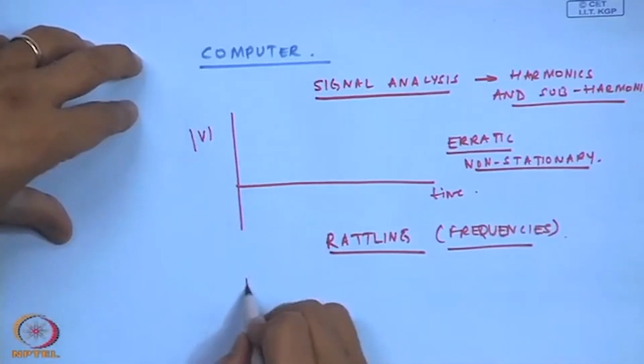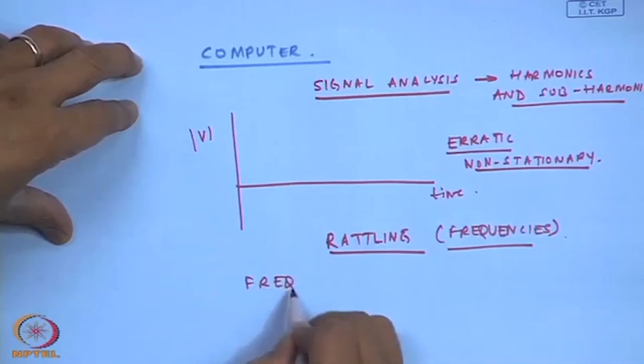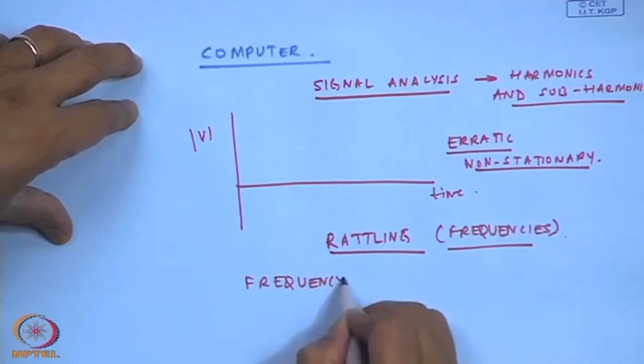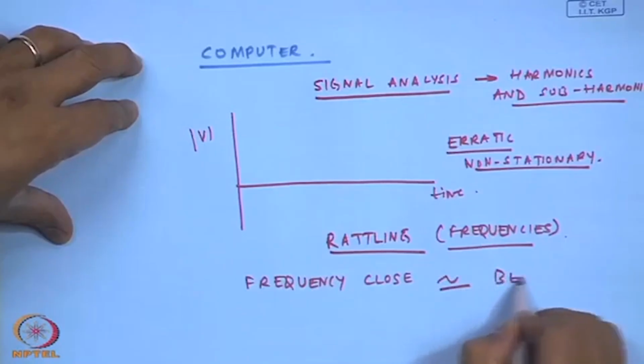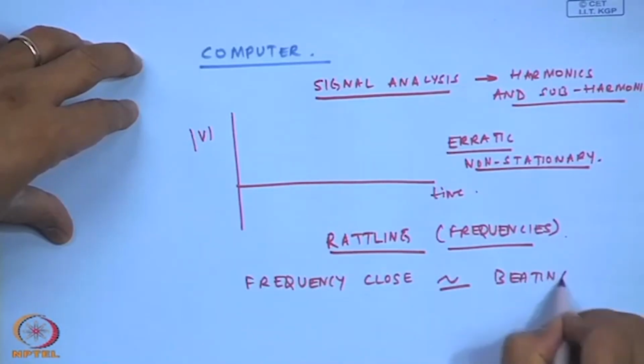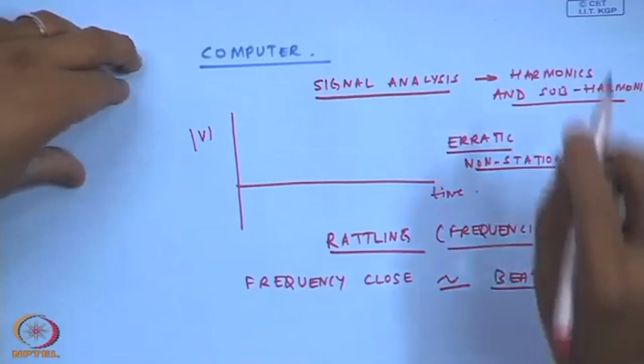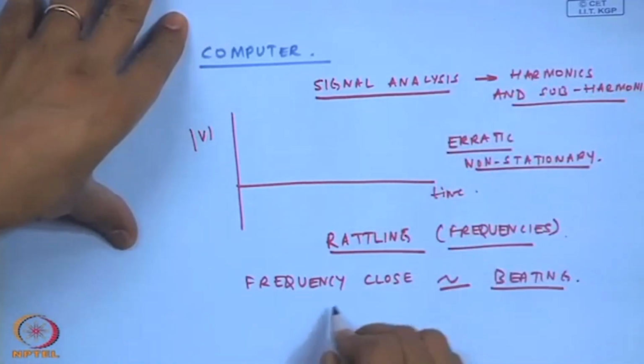Okay. So, if frequencies are close, I will have beating occurring. And once beating occurs, you will have amplitude modulation.